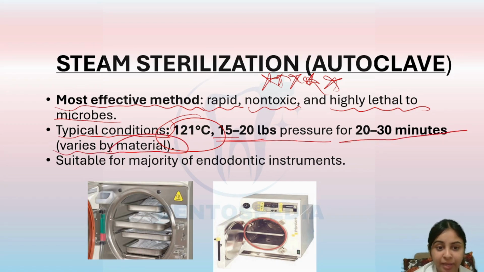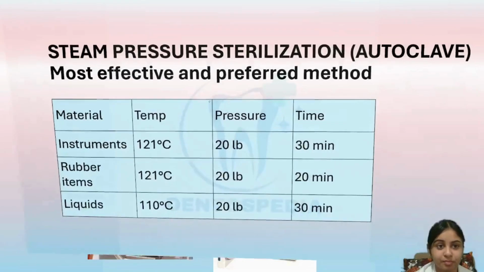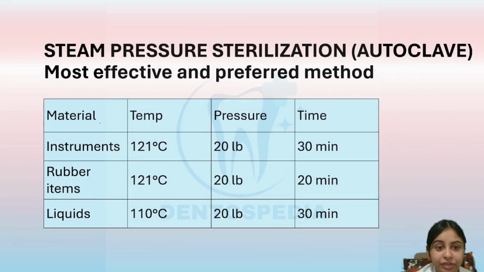It can vary by materials. It is suitable for the majority of endodontic instruments. So it is very important to remember each and every condition, the temperature, the pressure and the time for steam sterilization. So we'll see the different conditions, temperature, pressure and time, for different materials.